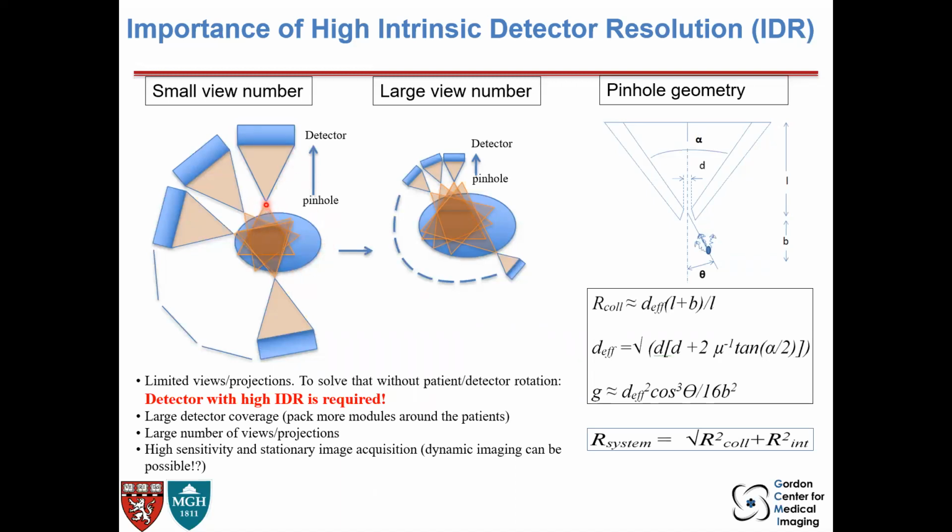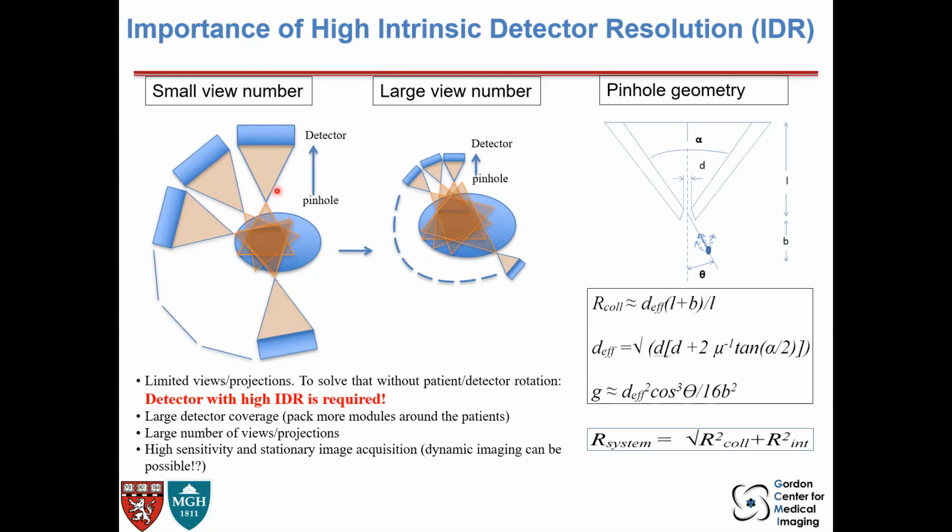If you have a pinhole collimator, imagine that you can make this detector smaller and smaller and bring it closer to the patient, and then you can have a lot more detector heads around the patient. So this way you can have both sensitivity and resolution improved at the same time.